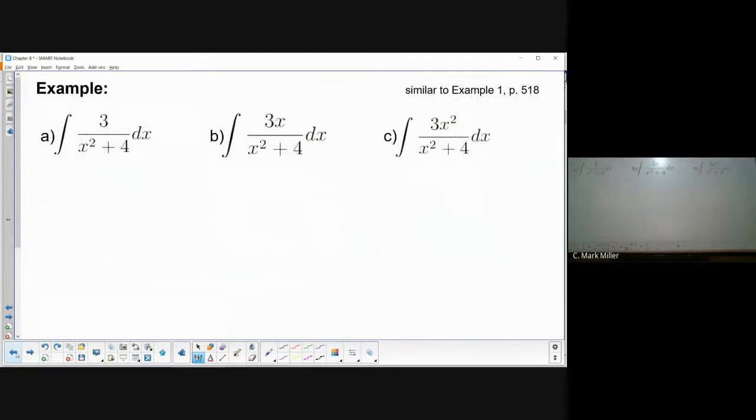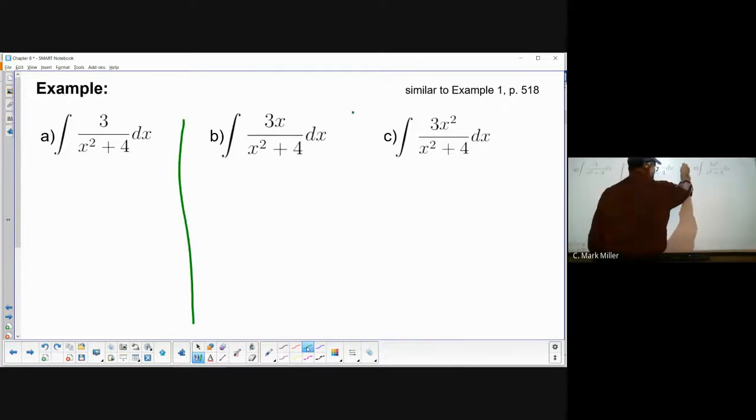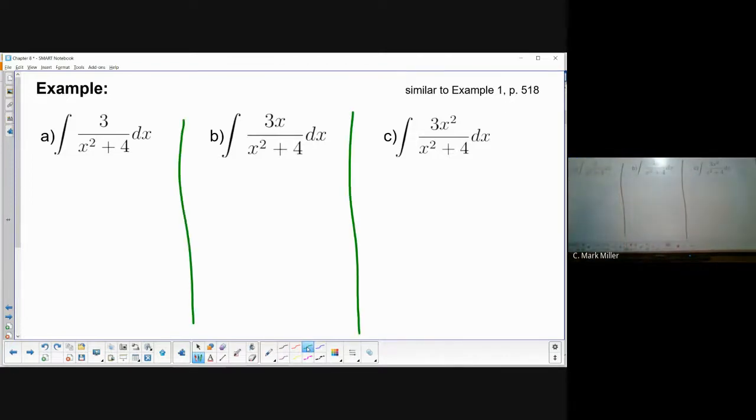All right. Okay. Time for another one. What can we have here? Let's draw some lines. Let's do this, shall we? Three integrals, a tale of three integrals. And it's similar to this example on page 518, which means that you have two sets of these.